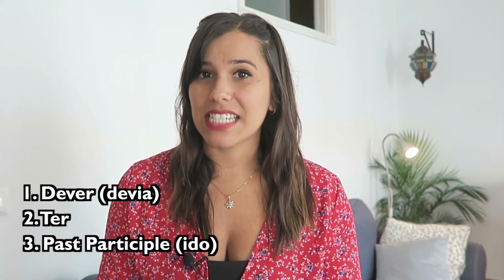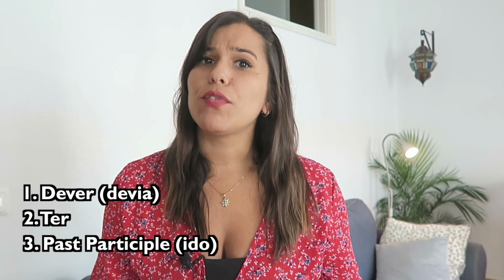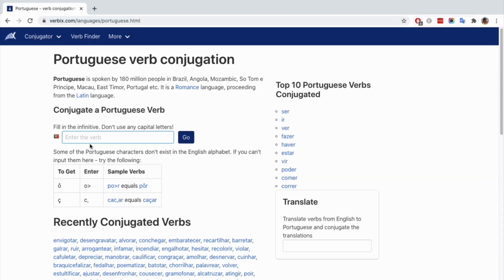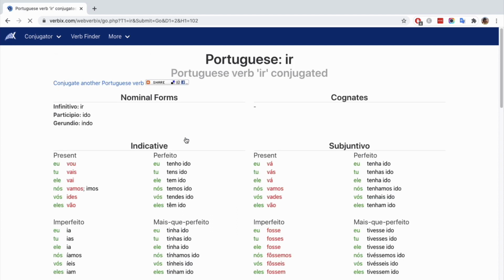Next, we need the verb ter. We need it whole in the infinitive form, meaning it's not conjugated, and this is going to give us the part of the sentence "have." Finally, we need the past participle. In this sentence, the past participle is the word gone. If you don't know how to formulate the past participle, you can head over to verbix.com, type in the verb that you want to put in the past participle, and it will show you right here.